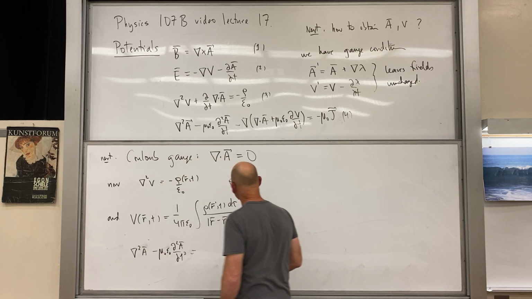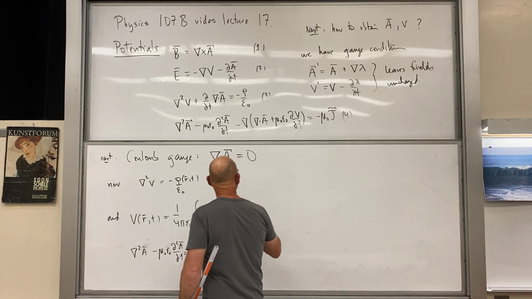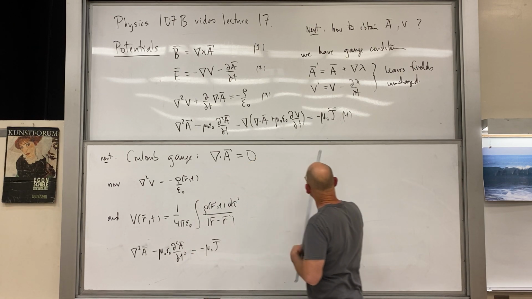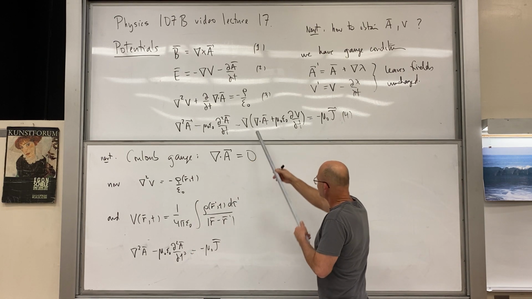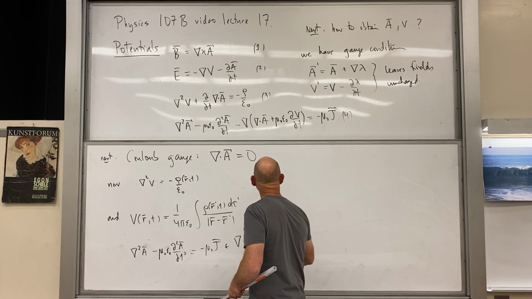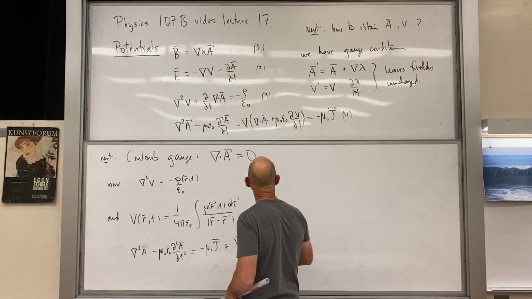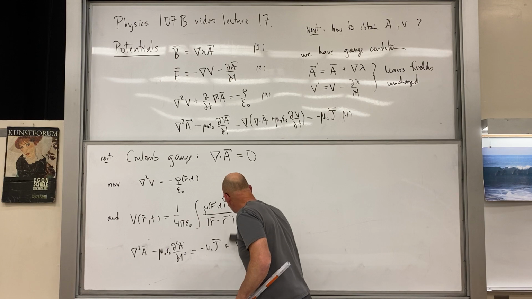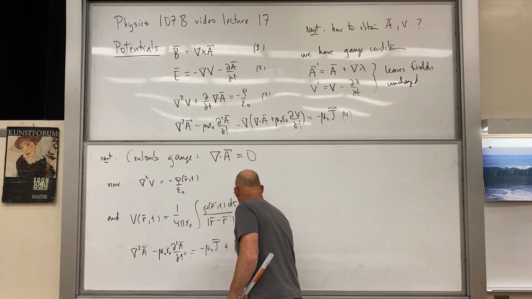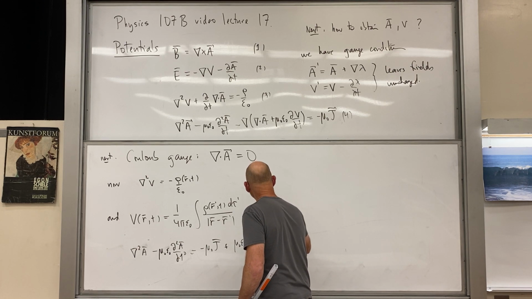We'll just bring everything over to the other side that's left: minus mu naught J, the current density, and then plus mu naught epsilon naught times the gradient of dV/dt.